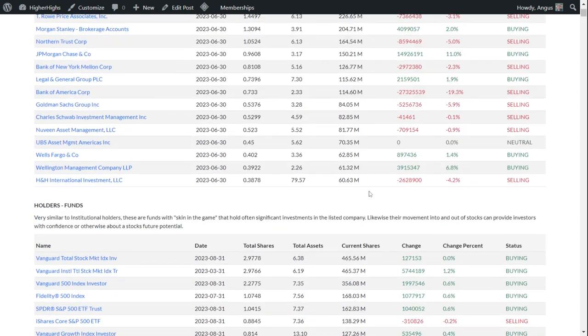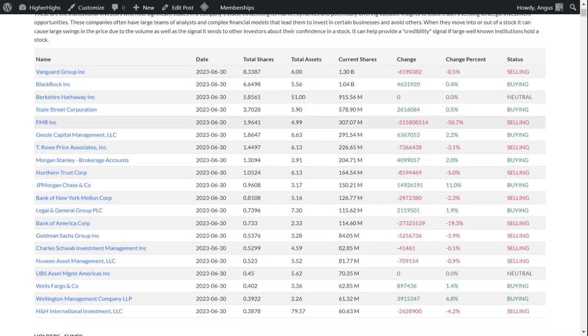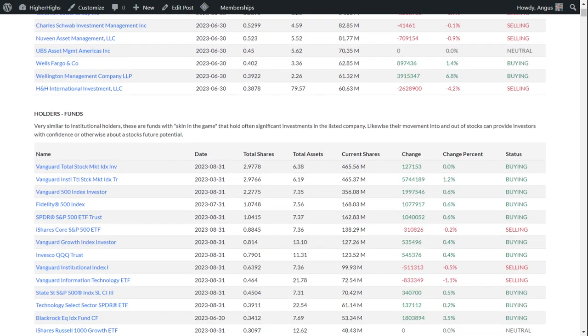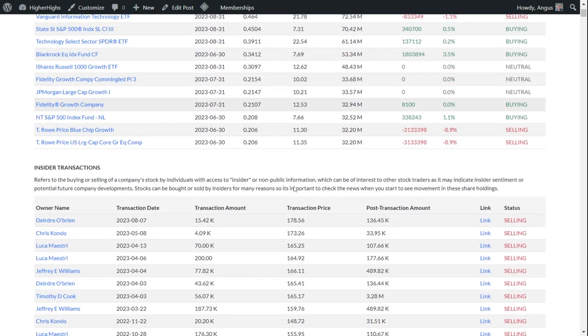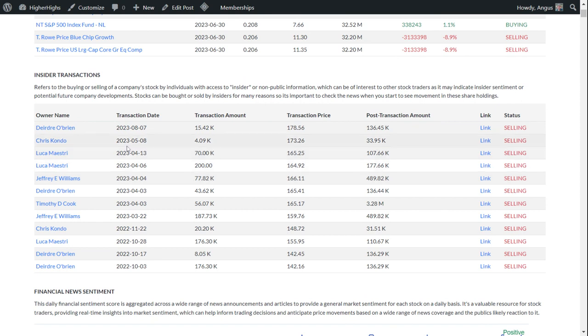You just got to imagine, these guys all have thousands of analysts and hundreds of years of experience across all their users. When they're looking at whether they buy into or out of a stock, they've got better tools than you and I.